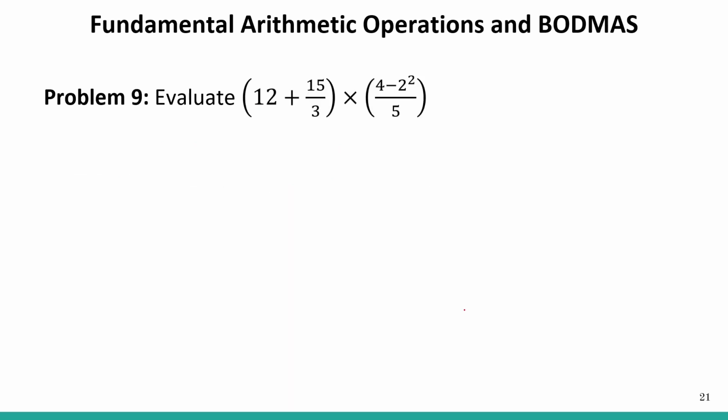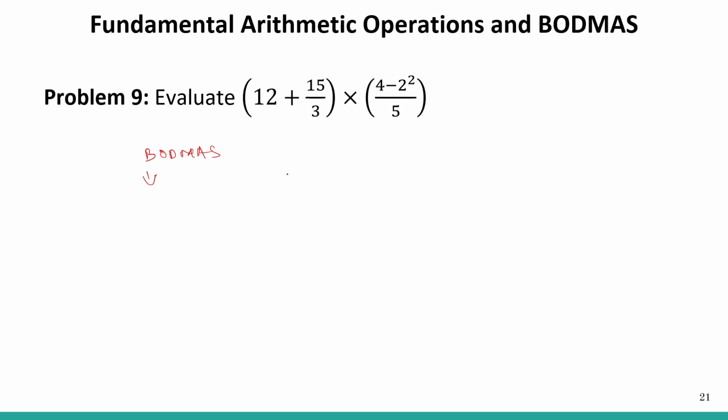Okay. So let's see problem number 9. Evaluate 12 plus 15 by 3 multiplied by 4 minus 2 square by 5. Okay. So it asks us to evaluate this term. So using the BODMAS rule, what we search for first is brackets, and then we simplify them first. Okay.